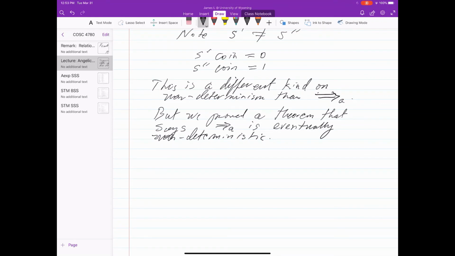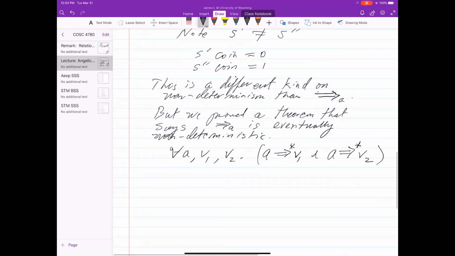So that meant something like, for every A and V1 and V2, if A goes in some number of steps to the value V1 and A goes in 0 or more steps to the value V2, those two things imply that V1 is equal to V2.